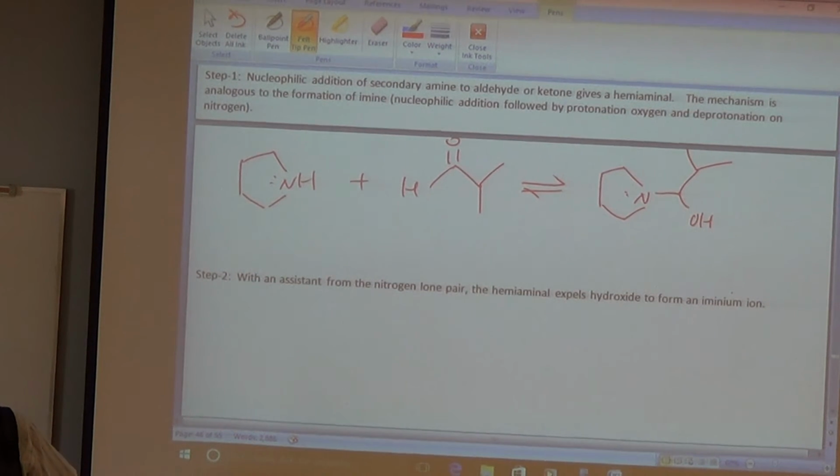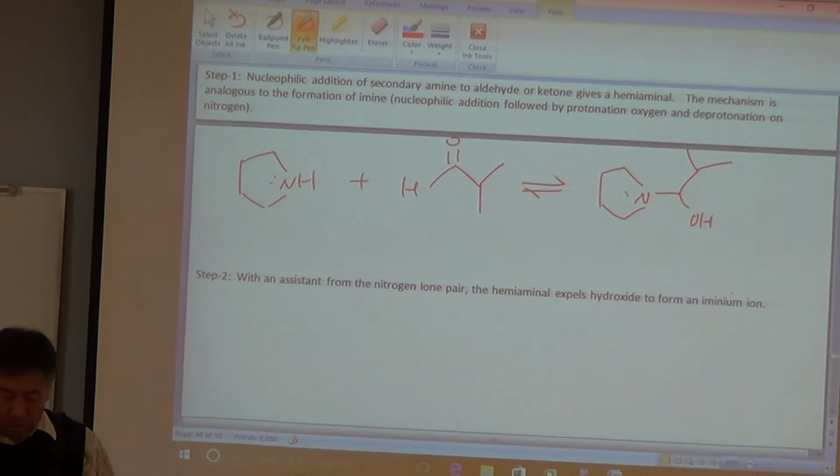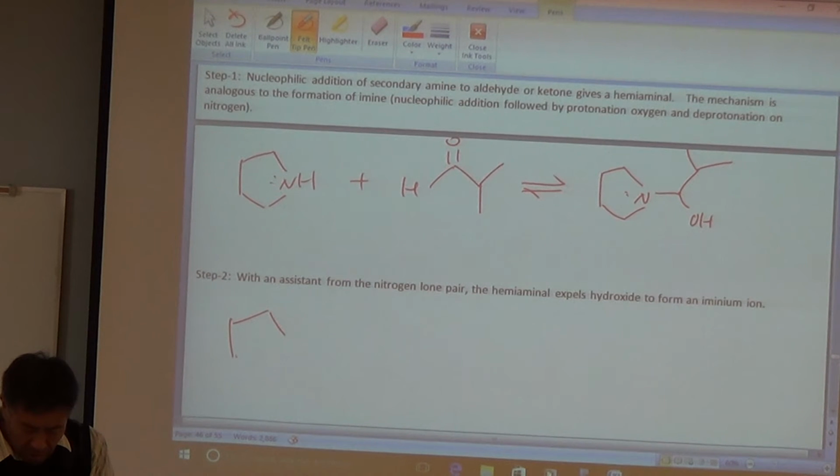Okay, you will see how strongly this nitrogen can donate the electron compared with oxygen. Just with the help of this lone pair of electrons on the nitrogen, it can donate enough electron density onto your carbon-nitrogen bond and get rid of your OH. Well, OH is usually not a good leaving group, okay?